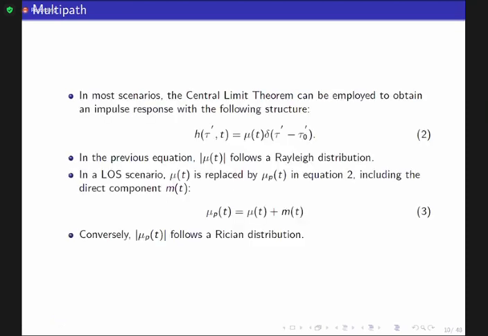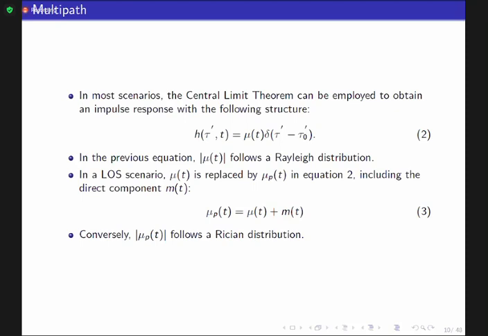In most scenarios, the expression you just saw can be used to obtain an impulse response with the following structure: a function mu of t, which multiplies a Dirac delta, reflecting a time delay caused by the channel. In the previous equation, the absolute value of mu of t follows a Rayleigh distribution.